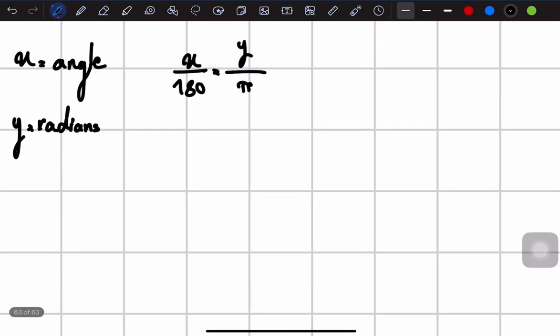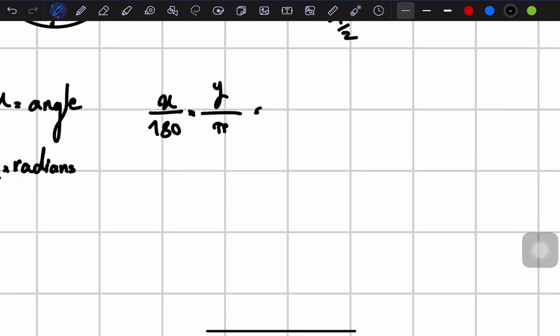For example, if we consider x as 60 degrees, what's the radian measure of 60 degrees? We put it in the equation: 60 over 180 is equal to y over pi.